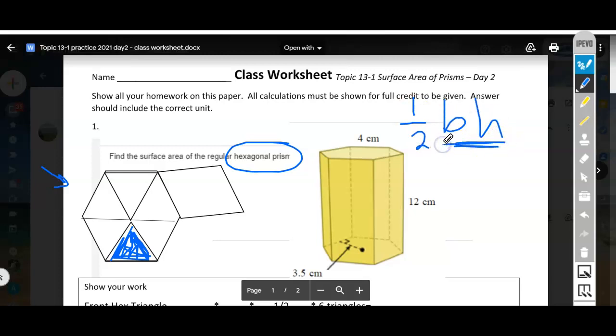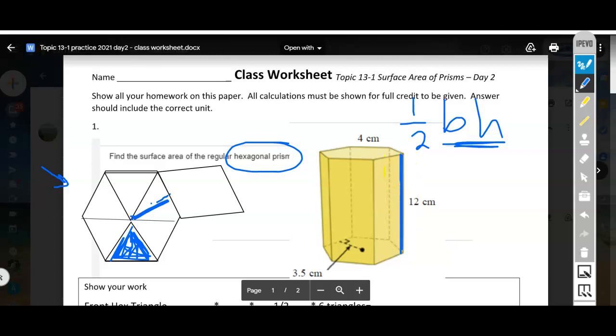So remember, base and height on the triangle is a little tricky. We look for our perpendicular relationship. So what is perpendicular to each other on the triangles? And remember, that would be from the center to the outside. So what 2 measurements? The 12 is this measurement right here.